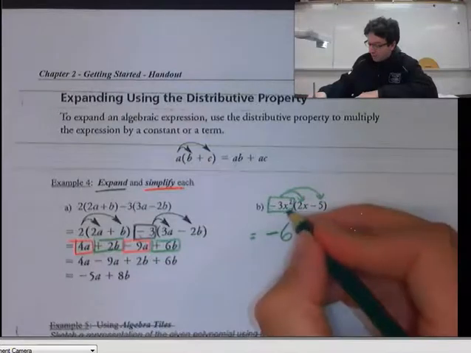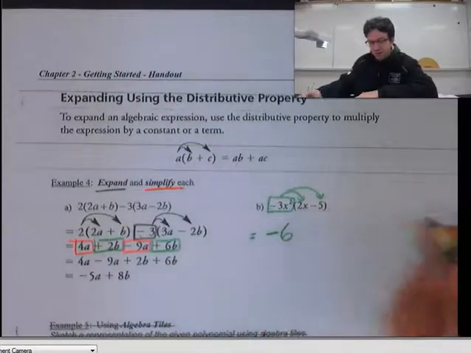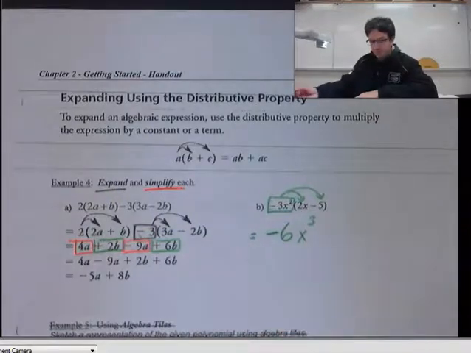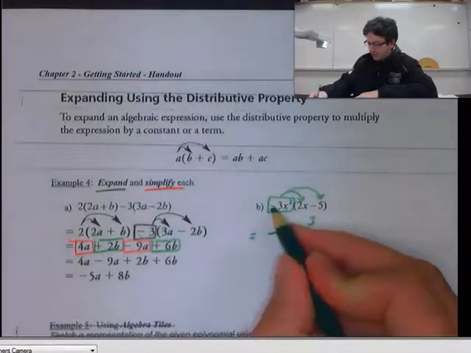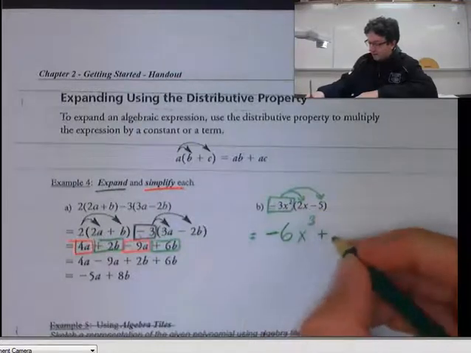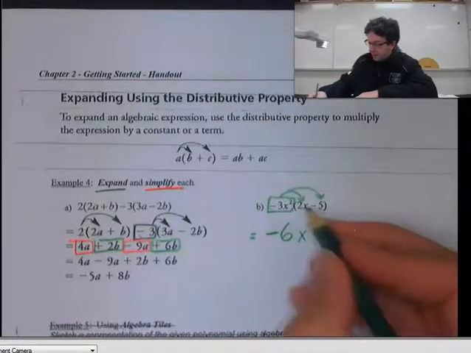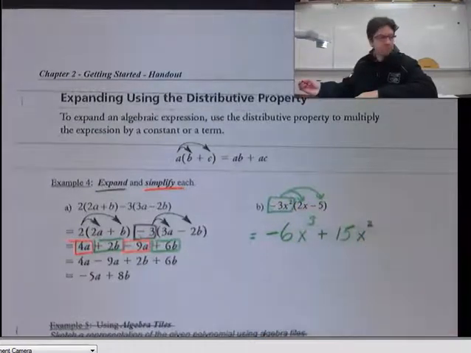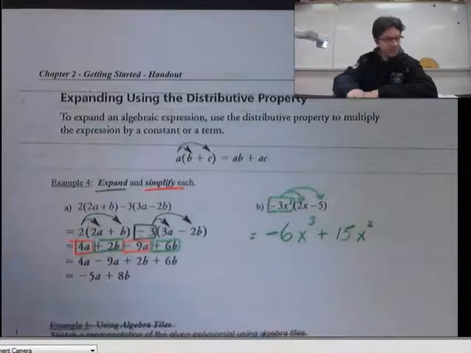Then the variable, x squared times x, using our exponent law, gives us x cubed. Next one, 2 negatives gives us a positive. 3 times 5 gives us 15. And then we're still left with that x squared. There are no like terms here, so we can't simplify this any further.